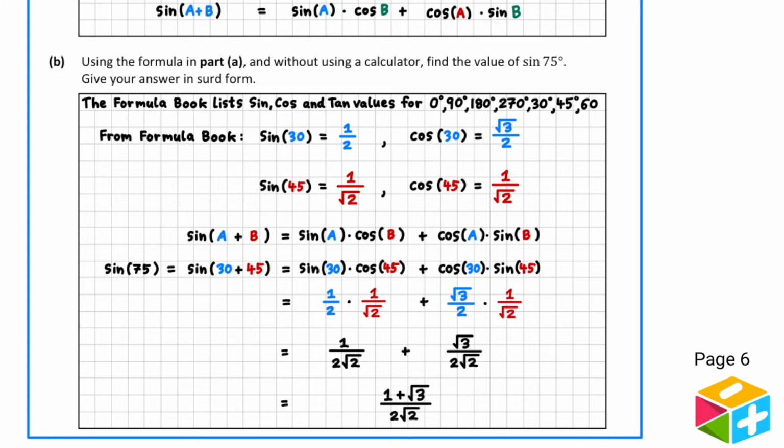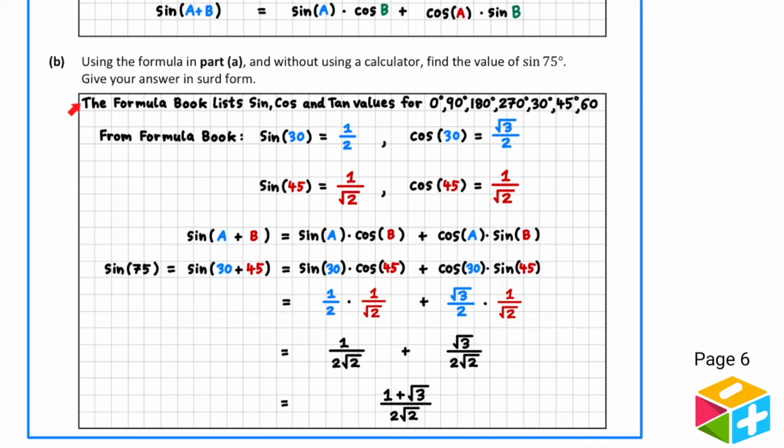In part B, we must use the formula from A and, without using a calculator, find the value of sine 75 degrees. Well, since we can't use our calculator, we'll have to rely on the formula book.